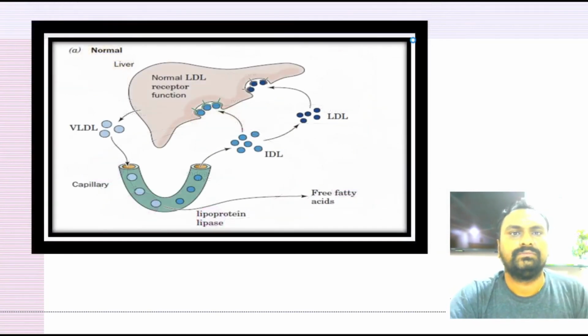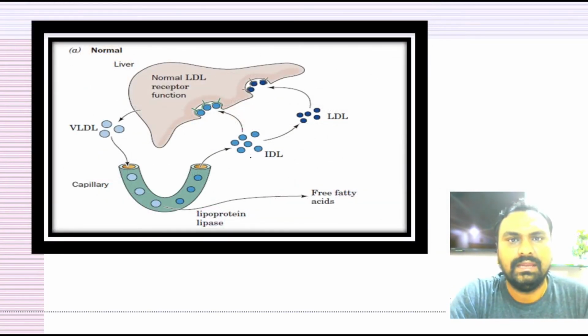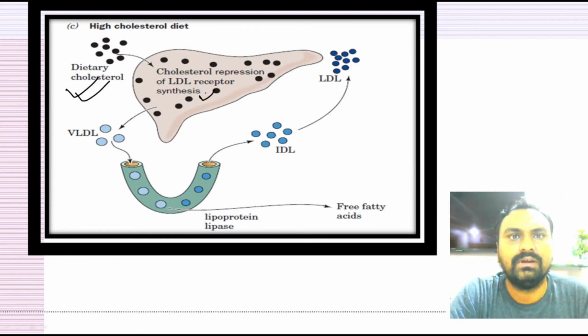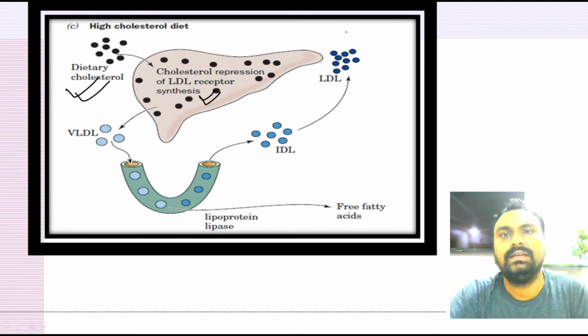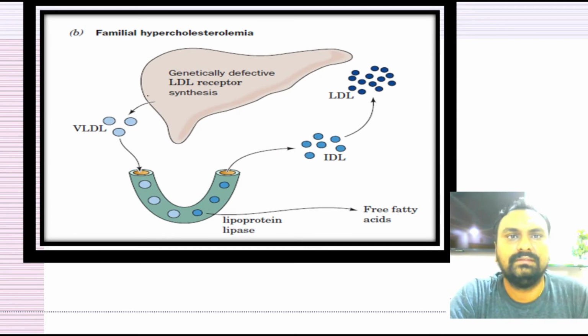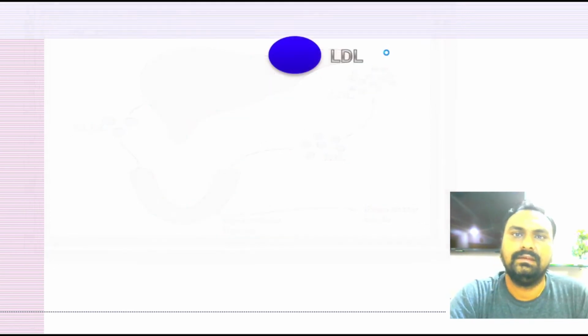Okay. So normally, this LDL that is produced is taken up by the LDL receptor. But if there is an excess amount of dietary cholesterol, then cholesterol will repress the LDL receptor synthesis, and that will lead to accumulation of LDL. Or in some cases, there is a genetically defective LDL receptor. In that case also LDL is increased.